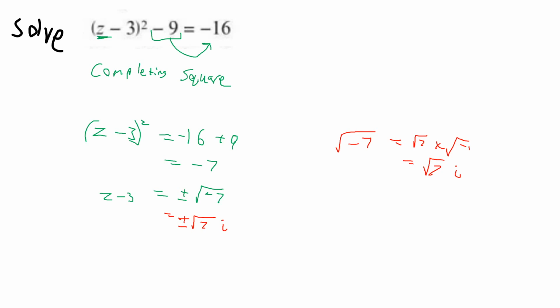Okay? And now all we need to do is work out what z is by putting the 3 on the other side. So z is equal to 3 plus minus root 7 i. And so again, all we're using is the same concepts taught in the class to solve a question.